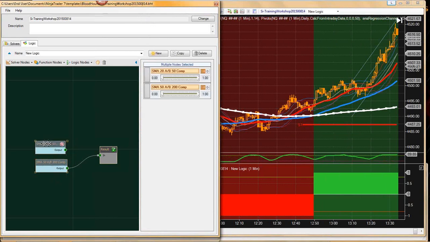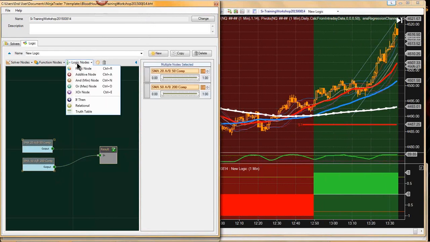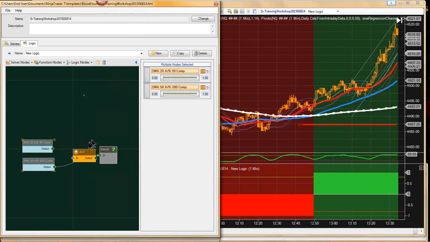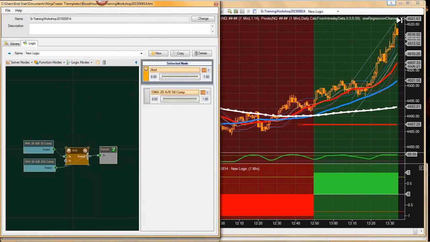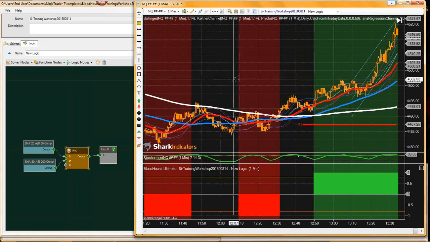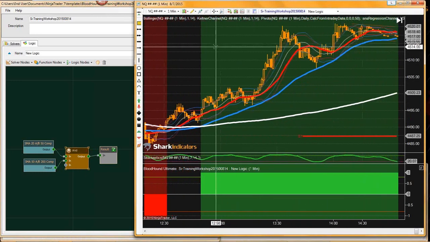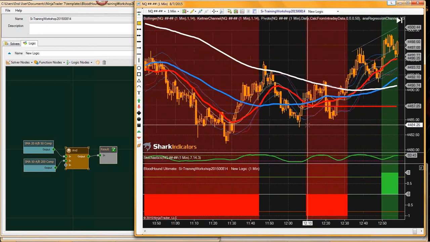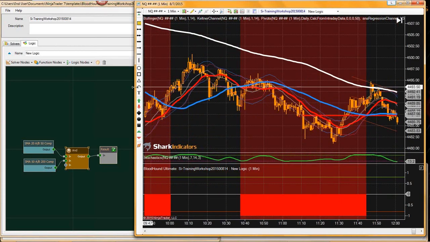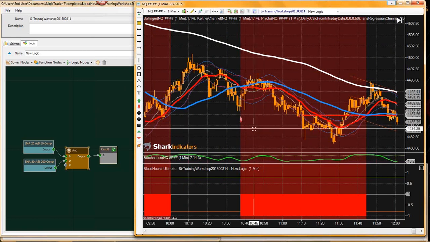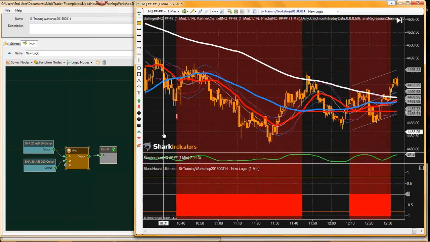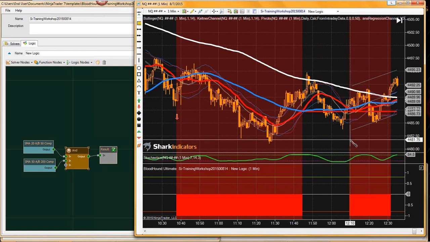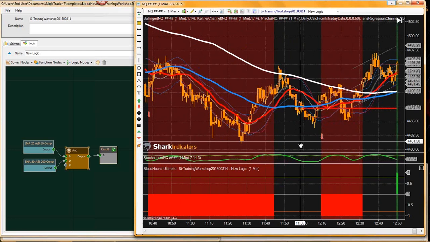Okay, so now we want to see when both of these conditions are in agreement. There we go. This is something similar to what Leonardo has, right? We get these long continuous signals like this. The first part is, we just want to identify the very first bar, and we just want a signal on the very first bar.